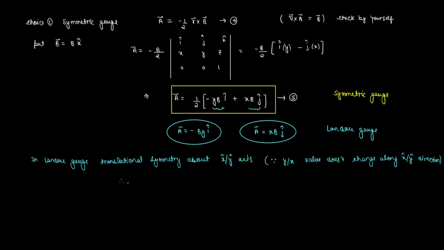So therefore in this situation alpha will be equal to minus Bxy divided by 2, so that the transformation of vector potential will follow this. So therefore we have two choices for the Landau gauge so that the magnetic field will remain invariant. Here let us choose the second Landau gauge to solve equation 3.